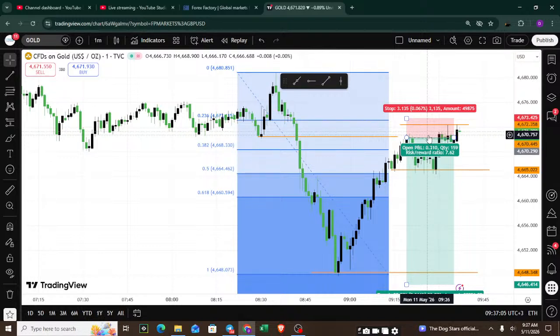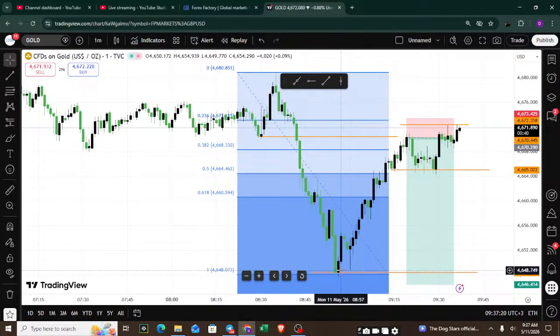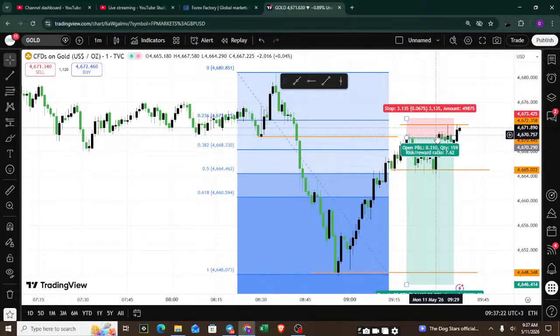But if price refuses to react to the sniper entry, my second course of action is to wait for a clear break of market structure within the structure.